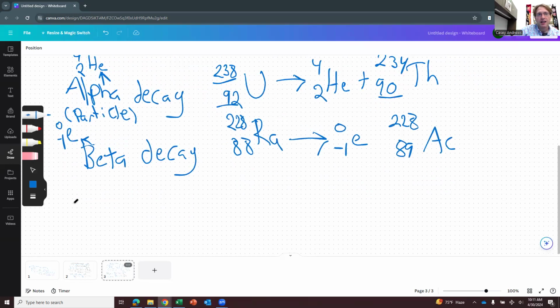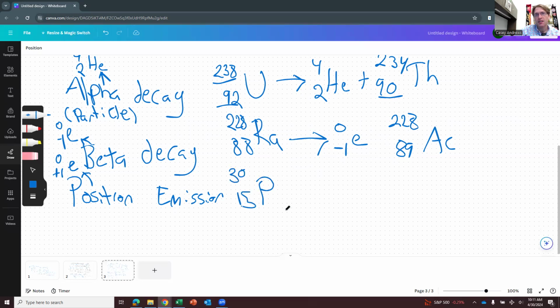How about a positron emission? What's a positron? A positron is basically a positively charged electron, so e 0, plus 1. Let's go phosphorus-30, atomic number 15, as our parent nuclide.